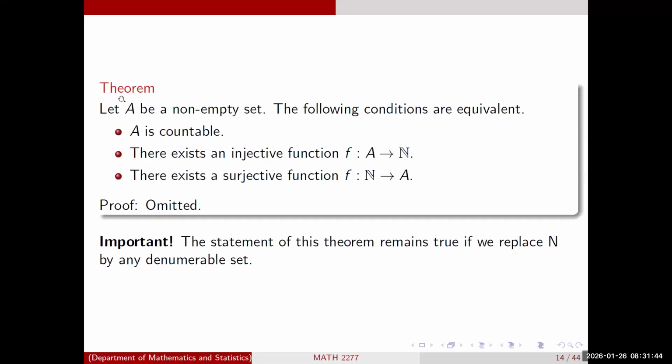Something else we'll need for what comes later on. For the proof of this, you could see any of the reference texts. The proof is a bit involved. This now gives us another way to show that a set is countable.